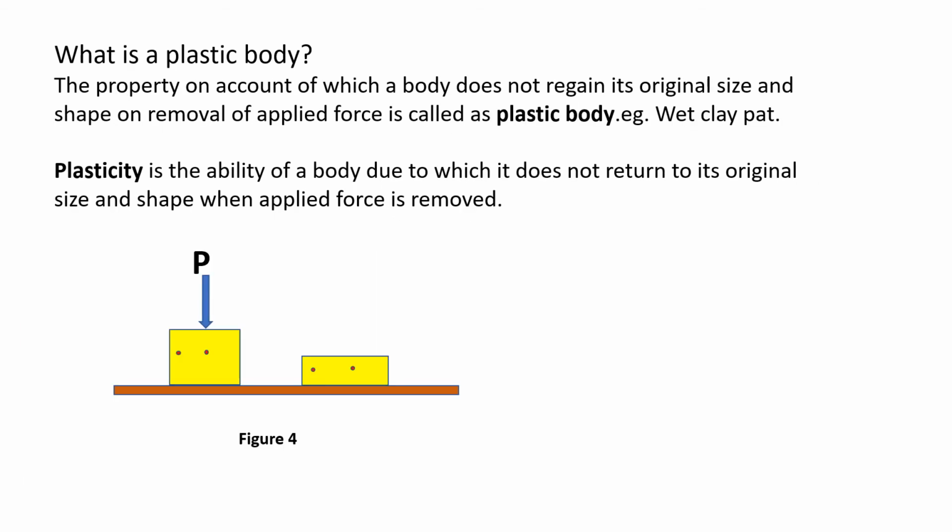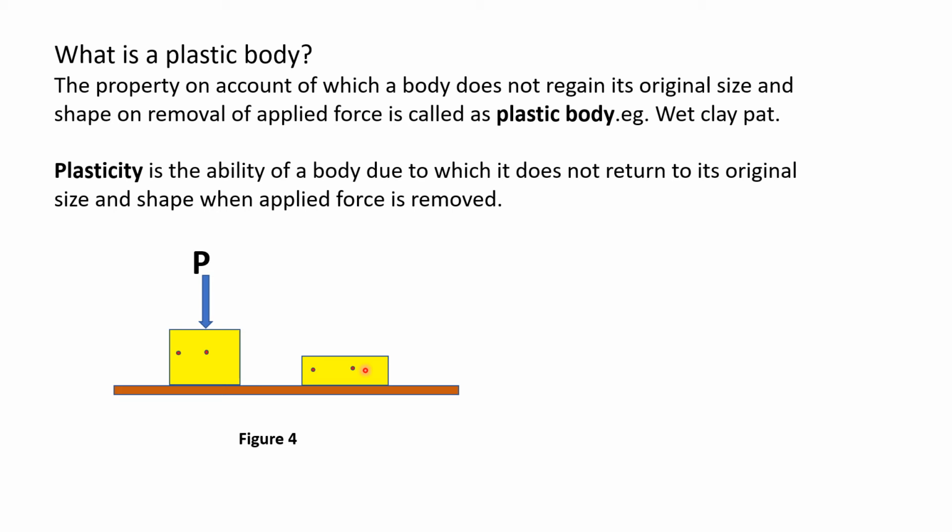Now what is a plastic body? The property on account of which a body does not regain its original size and shape on removal of the applied force is called plasticity. For example, a wet clay pat. Suppose this is a platform, say a tabletop, and this is a wet clay pat kept here, and I apply a force from the top, a compressive force.